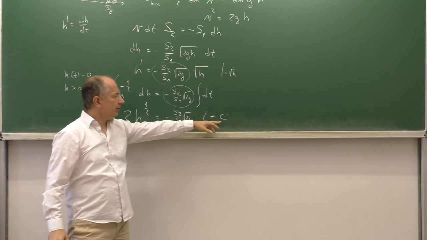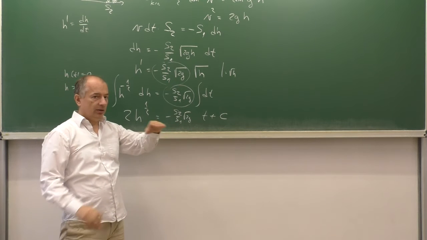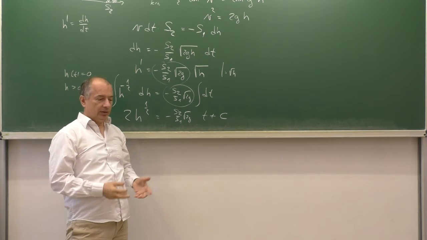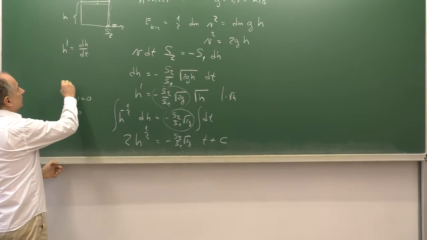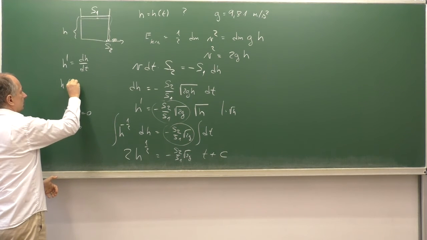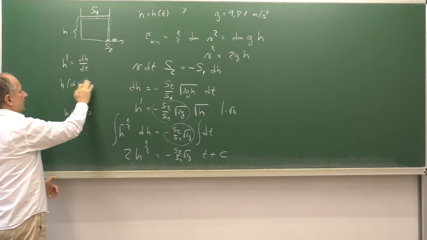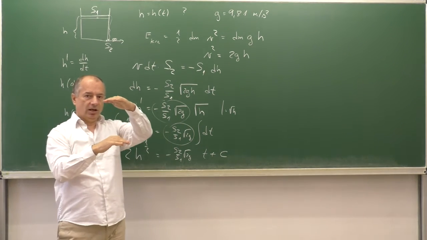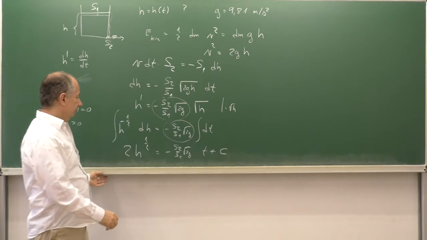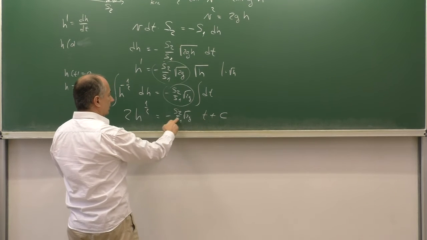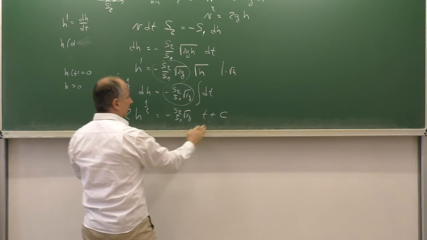And we can give the integration constant c a physical meaning. Namely, at the starting point, at the initial situation, when t is 0, imagine that we have some initial height, let's call it h0. This is the initial value, the initial height of the water if we start observing the system. And if t is 0, then this is 0, and c has the meaning of 2 h0 to the half.